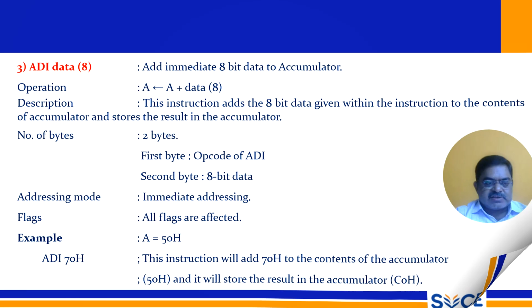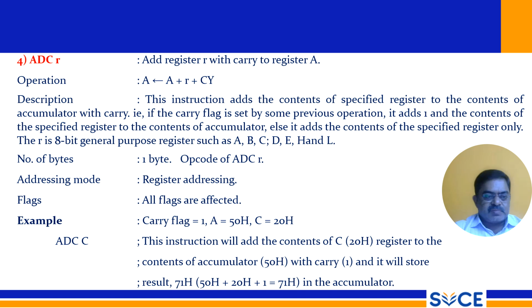Next instruction is ADC R, add with carry. Add register R with carry to register A. The contents of the register and the carry are added to the accumulator contents, and the result is stored in the accumulator itself.